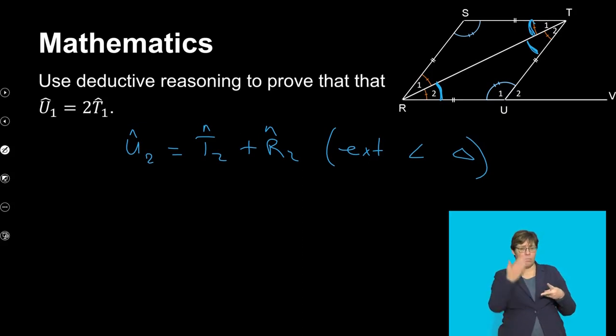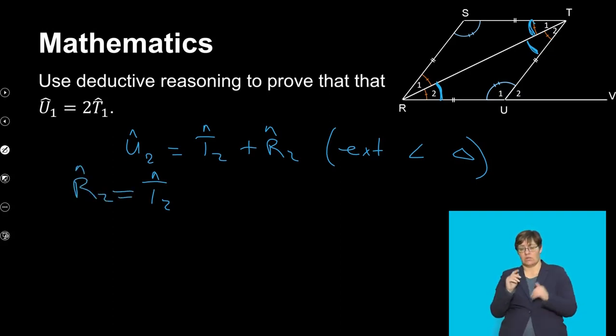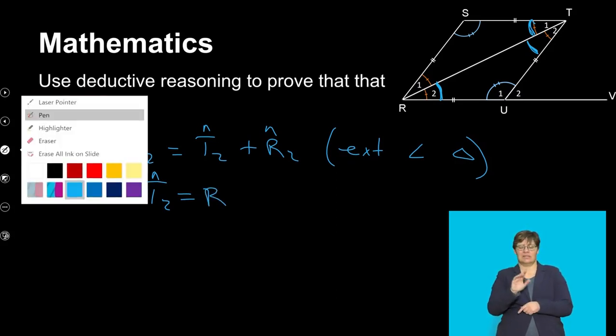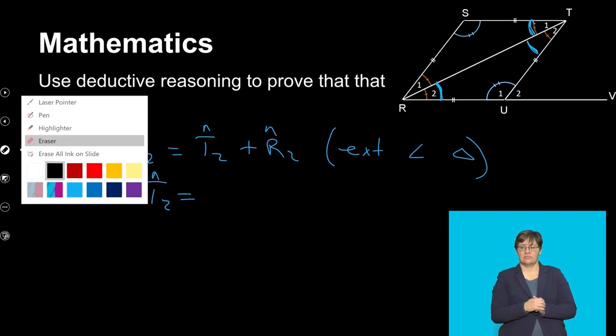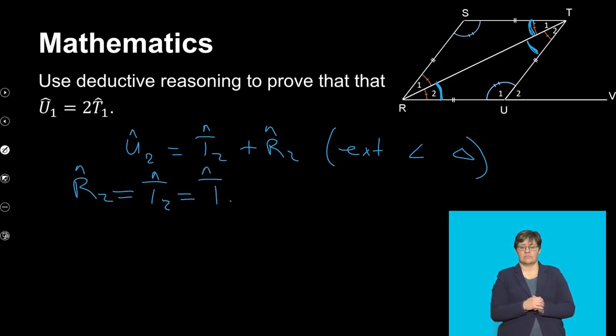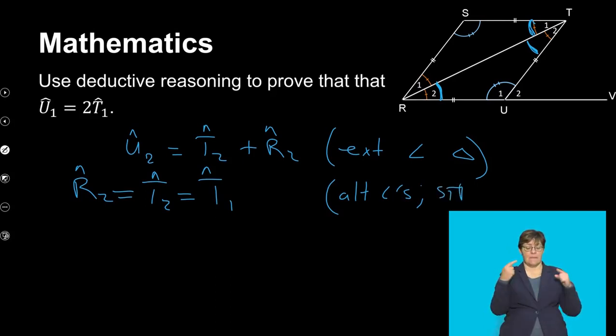And then from there, what do I know? I know that R2 is the same as T2, which is the same as T1, not R, T1. This is the same as T1, and this is because of alternate angles, because ST is parallel to RU.